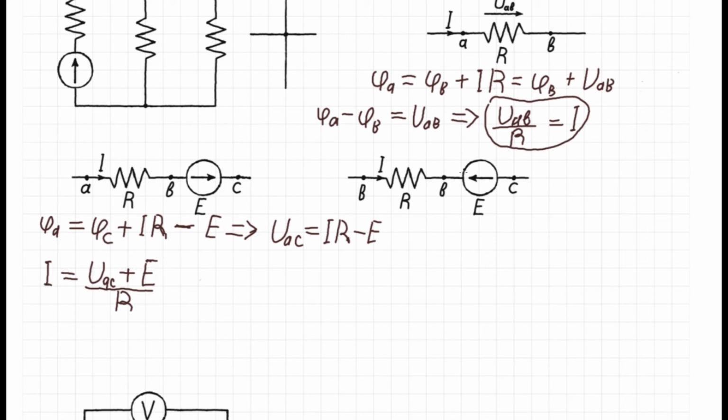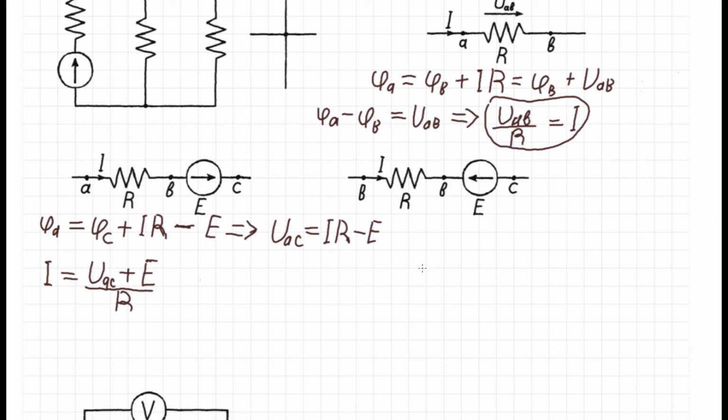Okay, and for the next segment, as we see, this segment contains an electromotive source targeting again the opposite direction, as the arrow layout shows on the picture.